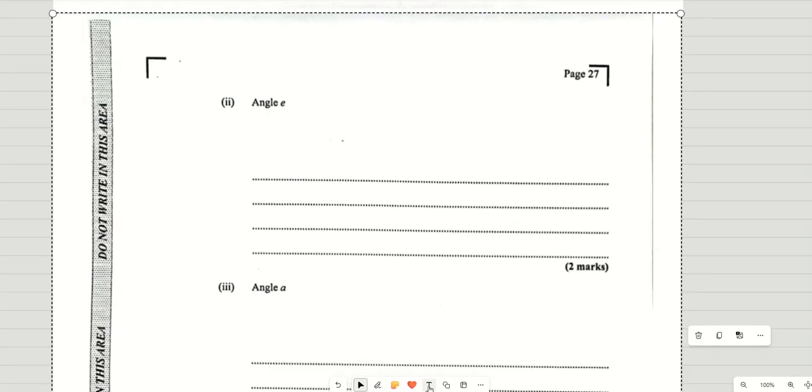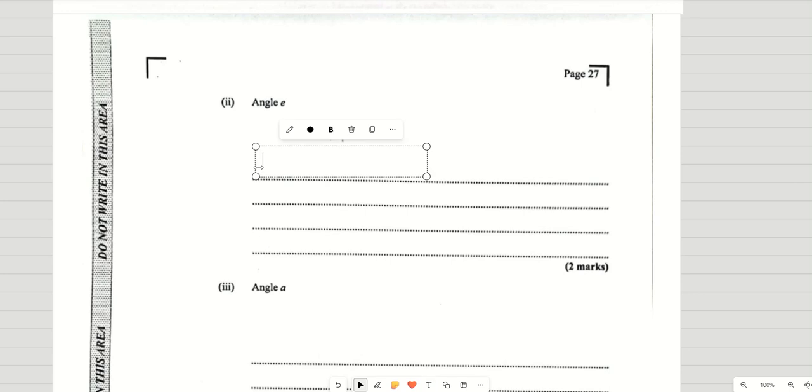All right. First thing you're going to say is OR and PQ are perpendicular. Right?